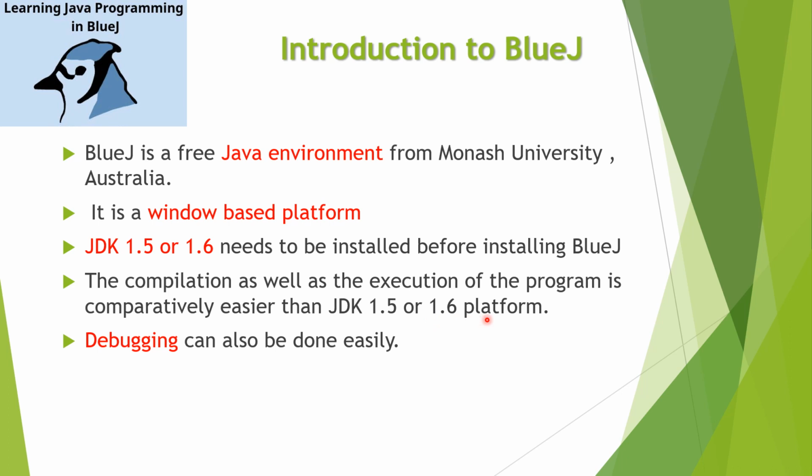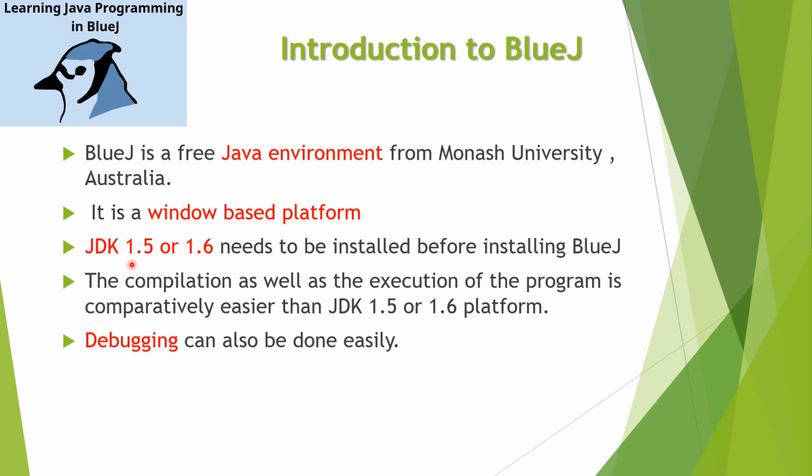The compilation as well as the execution of the program is comparatively easier than on the JDK 1.5 or 1.6 platform. See, 10 years back there was not any BlueJ. When I was a student, we used to run the program only on JDK. So what is the difference between BlueJ and JDK? In JDK there was a DOS based platform, and we needed to type everything to compile the program.